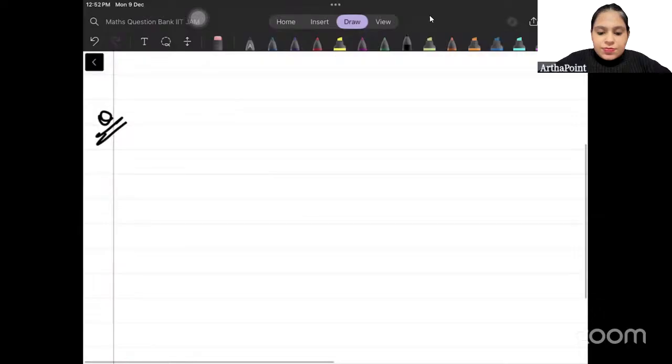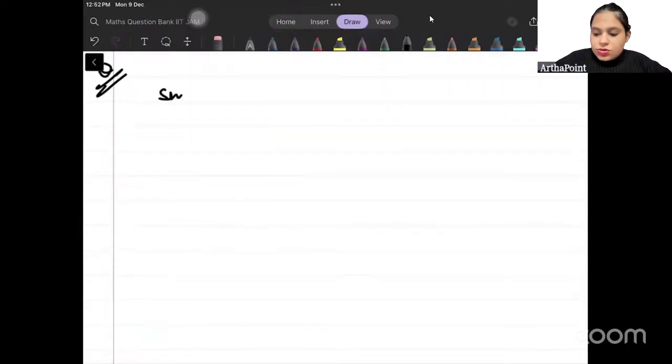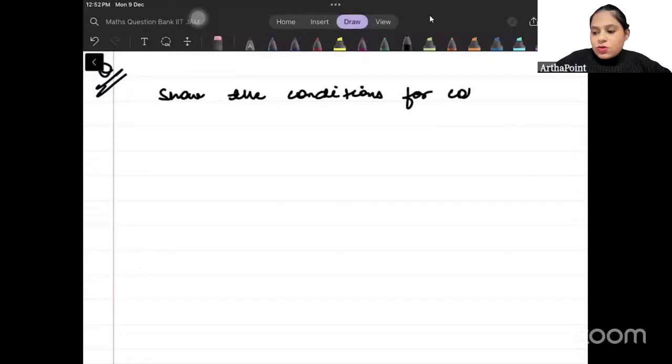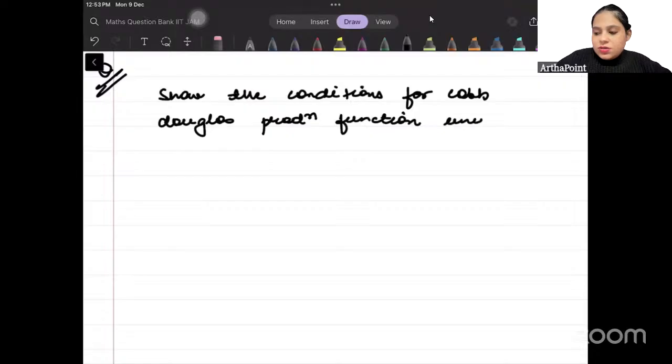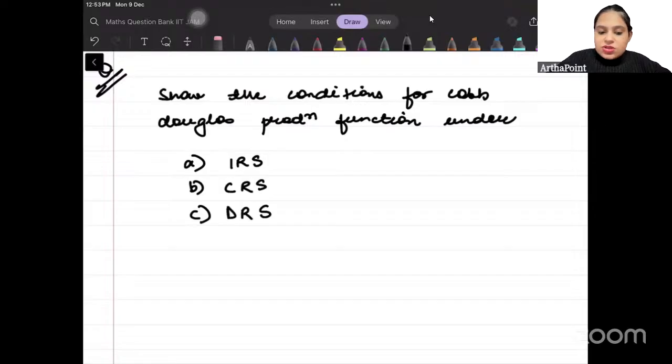The question is: show the conditions for a Cobb-Douglas production function under A, increasing returns to scale, B, constant returns to scale, C, decreasing returns to scale. That's the first question that you want to do.